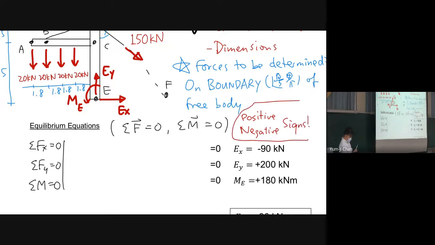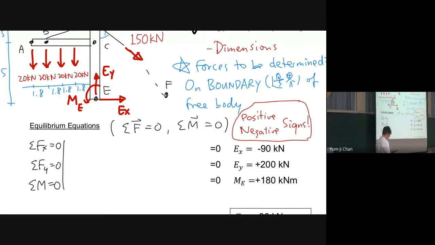Remember that, at this step, the only problem is whether you make the positive and negative signs correct. And I think you can handle this. Now, to make sure you have the signs correct, we usually do this.